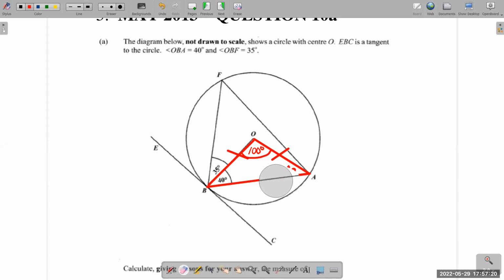Another law that I see is the angle at the center and angle at the circumference. Excellent. Look at it. Angles at the circumference. Angles at the center. Right or wrong? So I know that I found this already, 100. So if up here is 100, down here is 100, how much is up here?